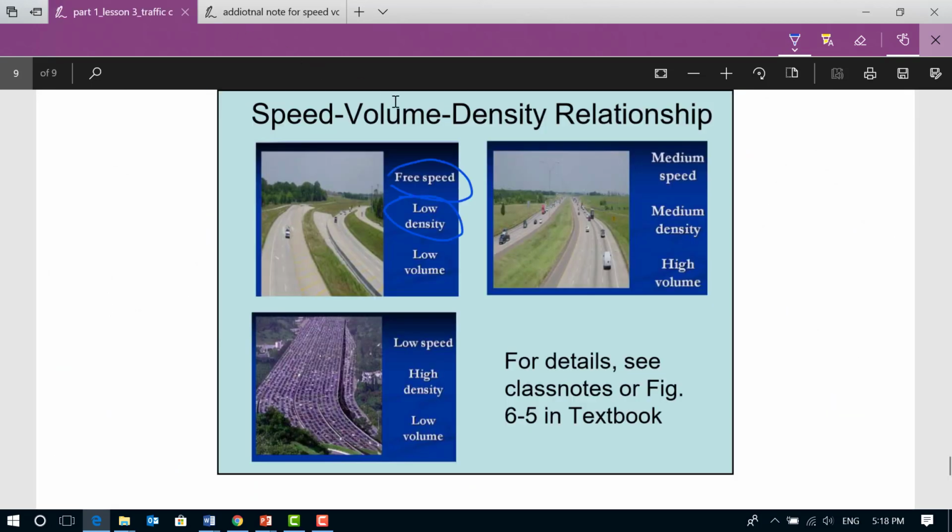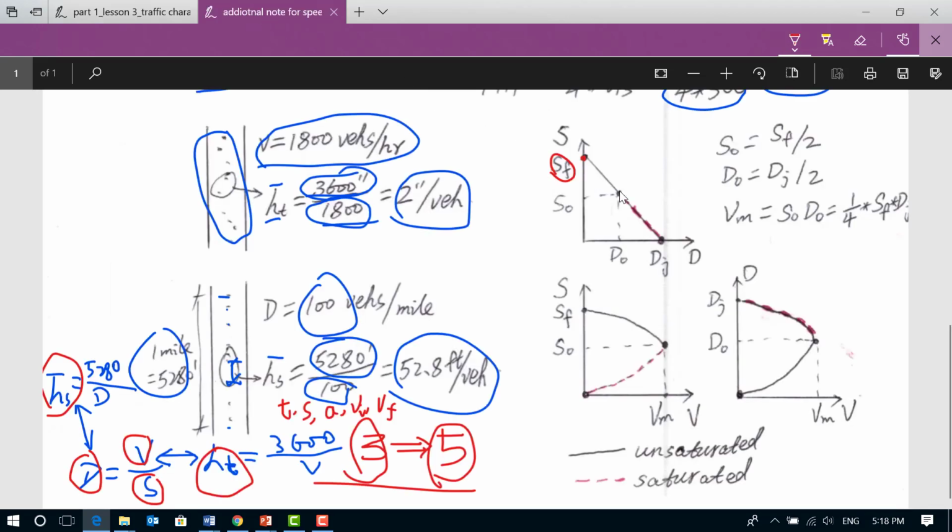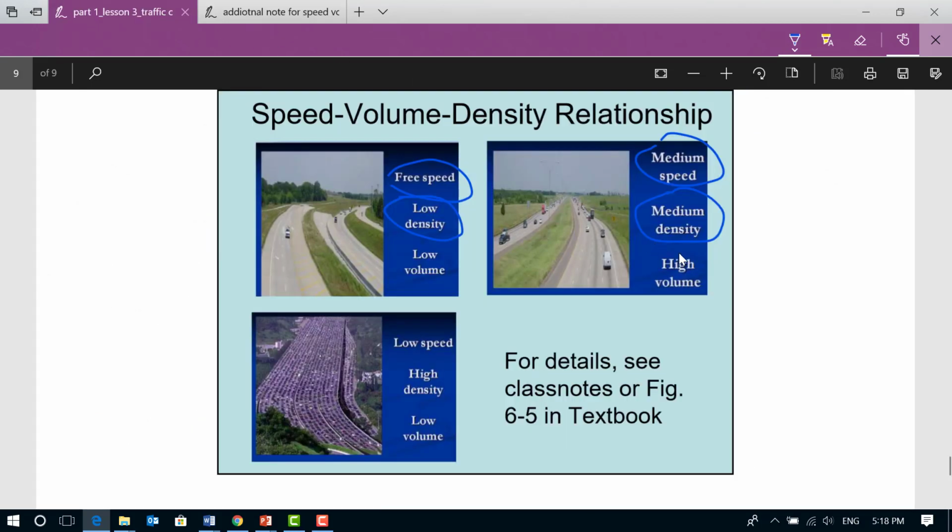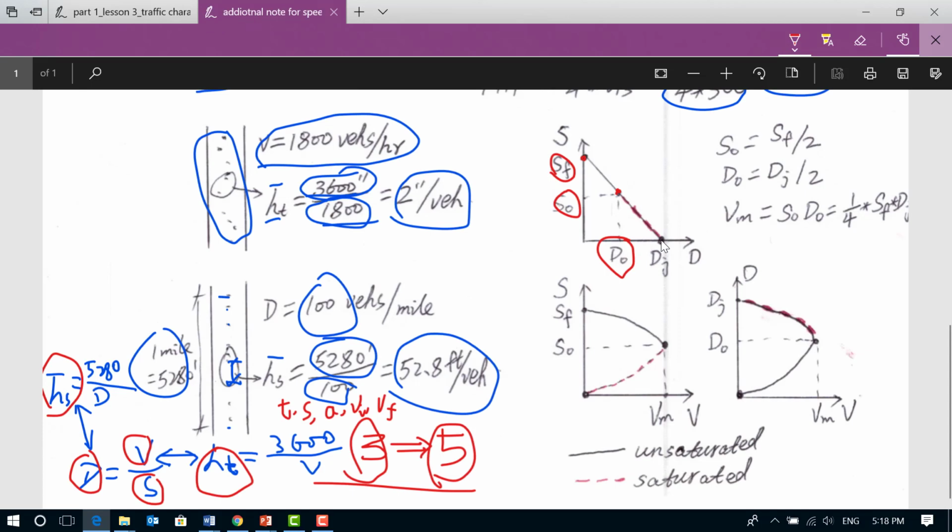The second point is the medium speed and the medium density. The third point is low speed and high density. Let's assume the speed is as low as 0 and the density is as high as the jammed density.